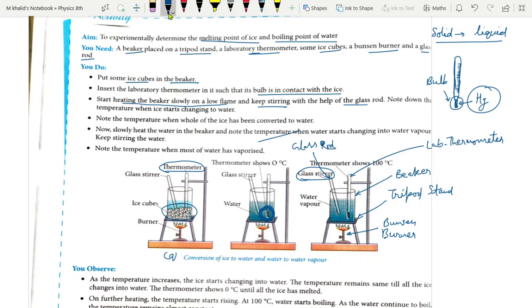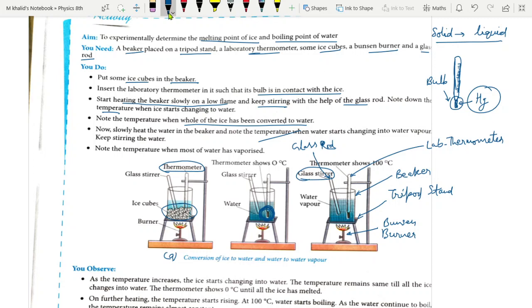Now first of all, we will note down the temperature when the ice starts changing to water. Whenever we see at the bottom that some water is present, we will start noting the temperature on the thermometer. Now note the temperature when the whole ice has been converted into water.